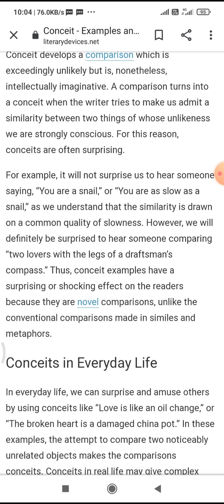However, we will definitely be surprised to hear someone comparing two levers with the legs of a draftsman's compass.